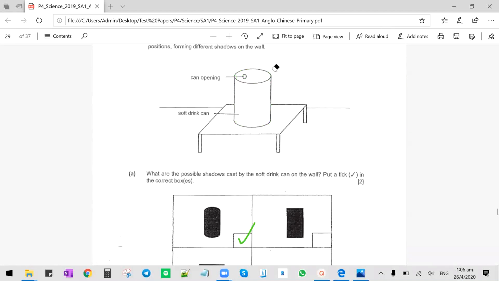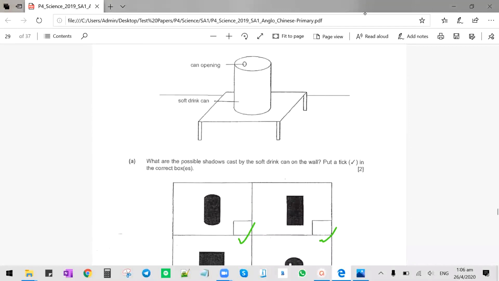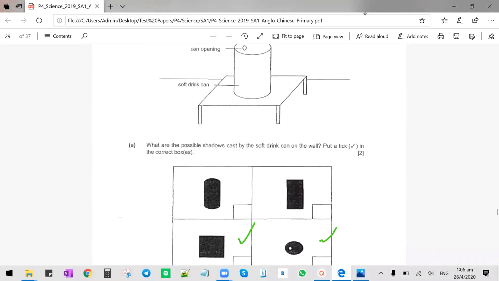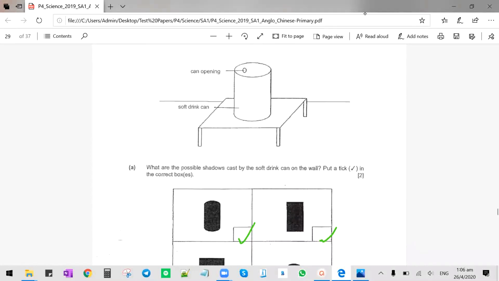Then if I see it from a lower angle, not from this angle, I'm gonna see a rectangle, of course. See the bottom. Okay, let's look at the bottom. I'm definitely not gonna see a square because even if I see it from the top, it's gonna give me a circle shadow.